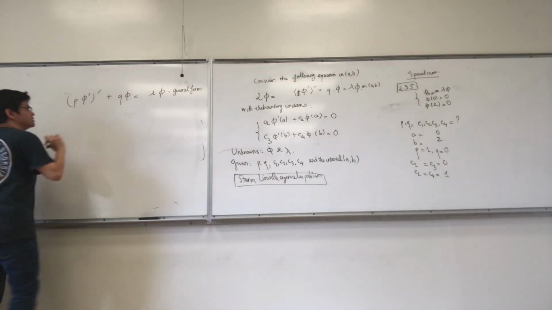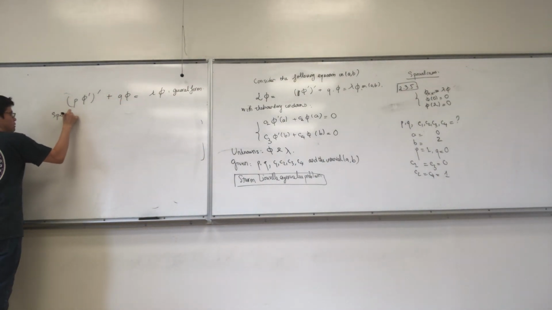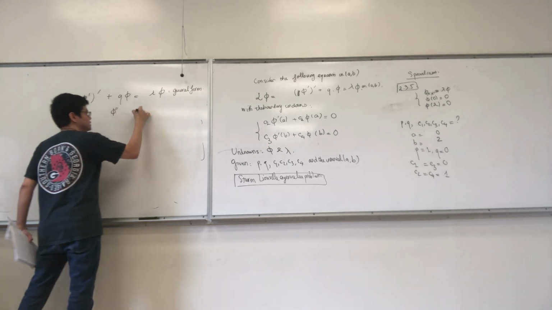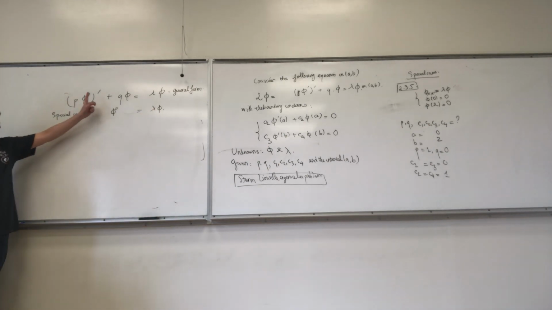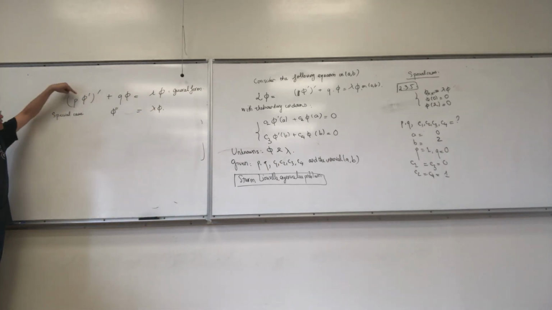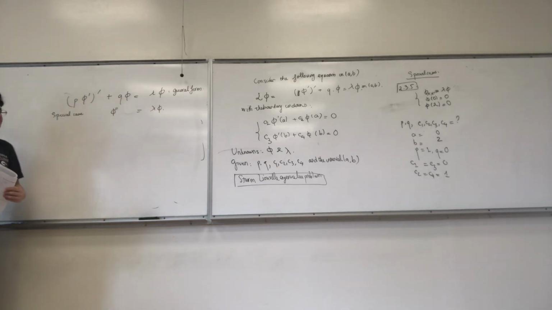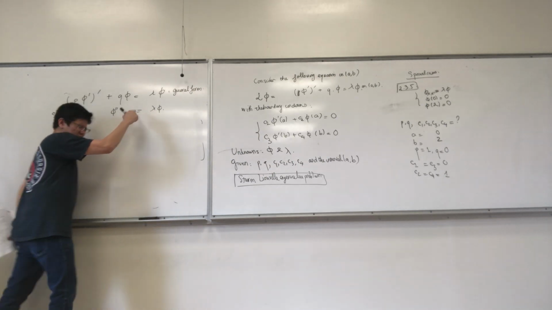And the special case is phi second is lambda phi. The general form is P phi prime, prime, plus Q phi is lambda phi. And the special case is phi second equals lambda phi, right?